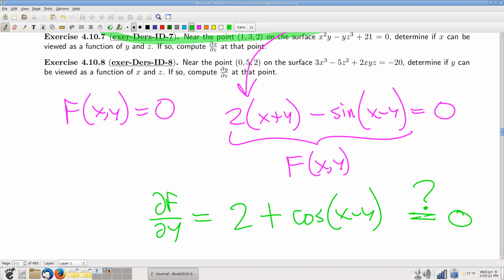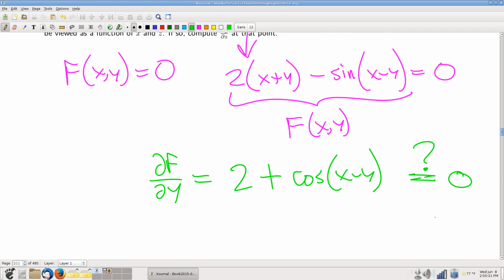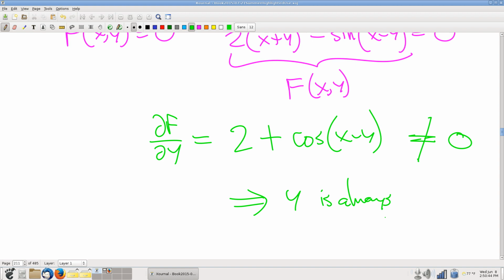So good news, this is never 0, because cosine is never smaller than -1, and 2 plus something that small is always greater than 0. So that is never 0, and therefore y is always locally a function.